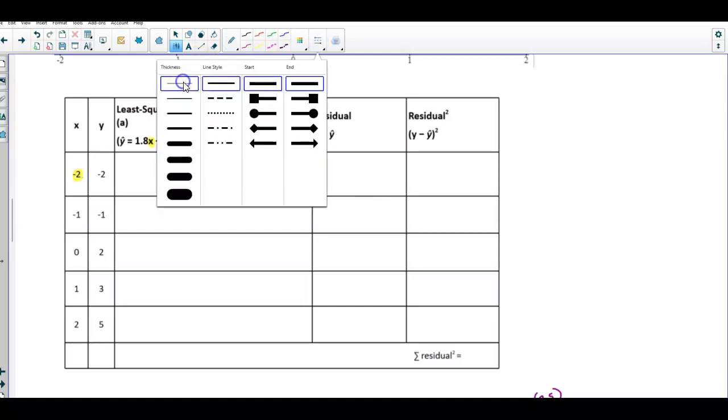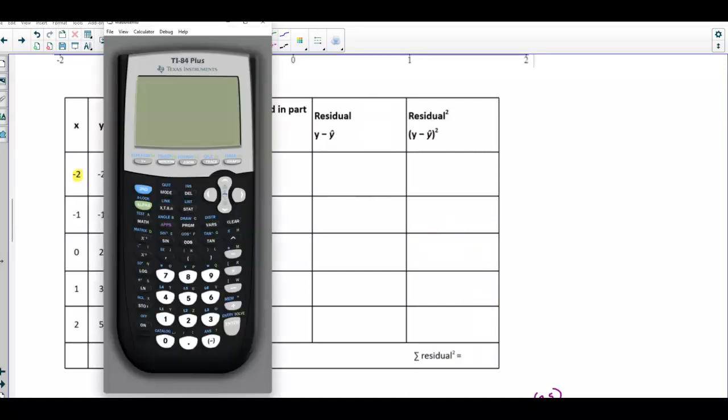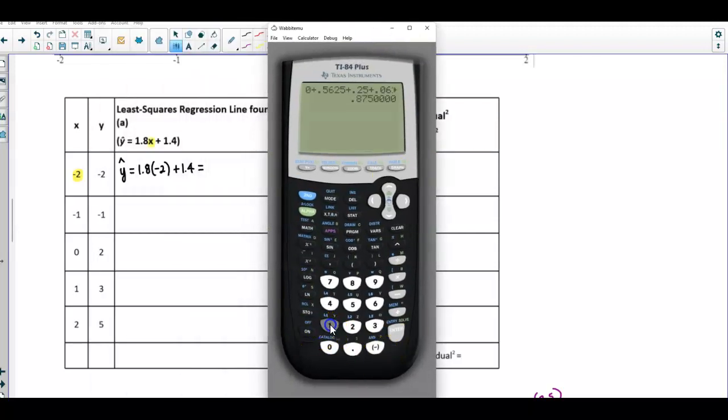So we're going to take our y hat, and that's going to equal 1.8 times -2, plus 1.4. Okay, so if we do that again on our calculator, we got 1.8 times -2, and then plus 1.4. And again, there's -2.2.